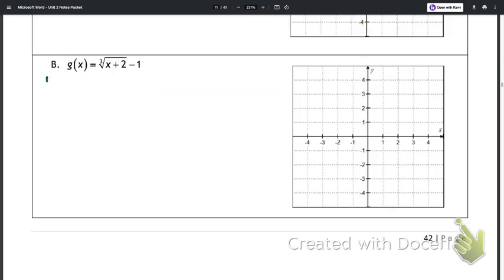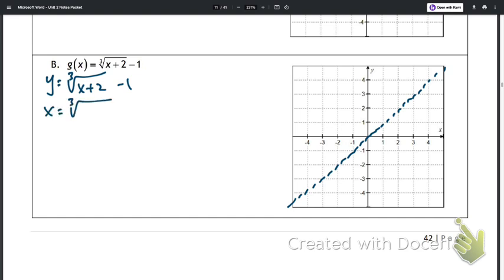All right, on the next one, we've got y equals the cube root of x plus 2 minus 1. We're going to reflect this over the line y equals x, so I'm going to go ahead and graph that. Switch my x and y. And then solve it. So move over your 1 first.